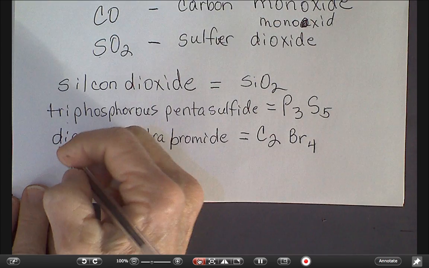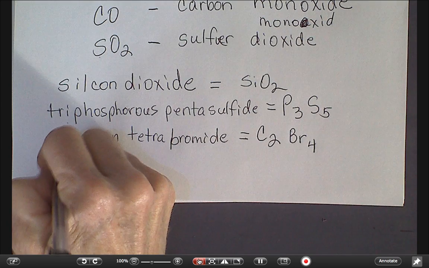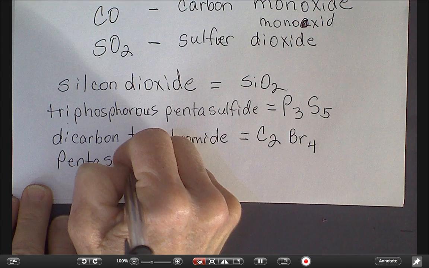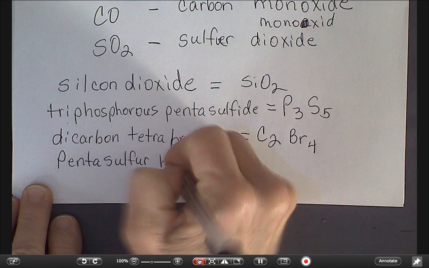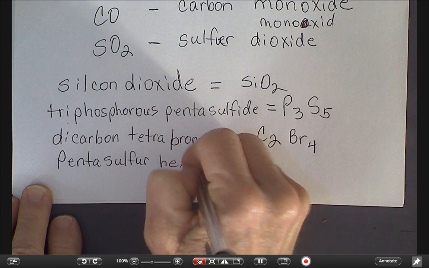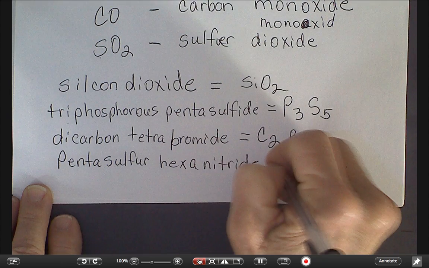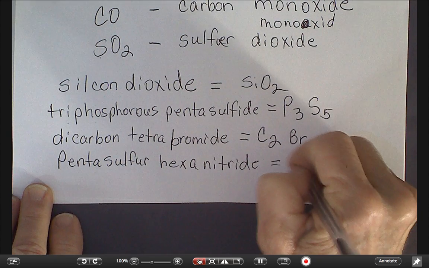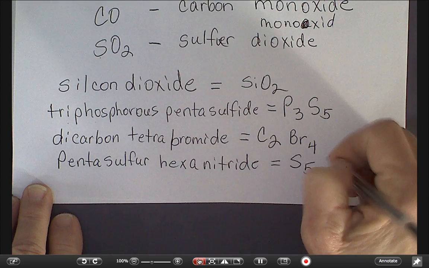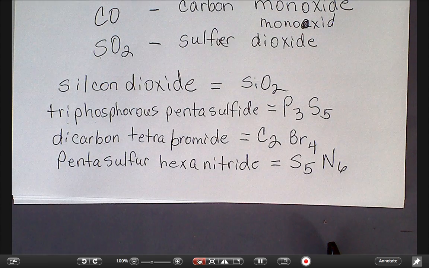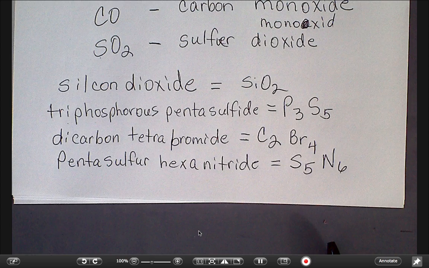Yes. Alright. Y'all can put up, I'm going to do pentasulfur hexanitride. S5N6. There you go. Alright, you've got your little worksheet.